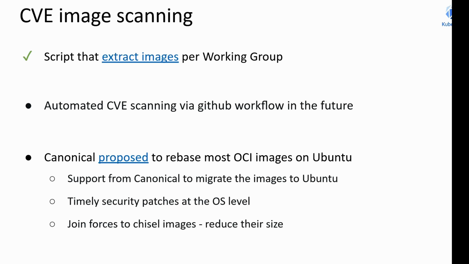Also, we can join forces to chisel images to reduce their size. So please feel free to add your comments about rebasing Kubeflow images on Ubuntu in the issue, which is still open.